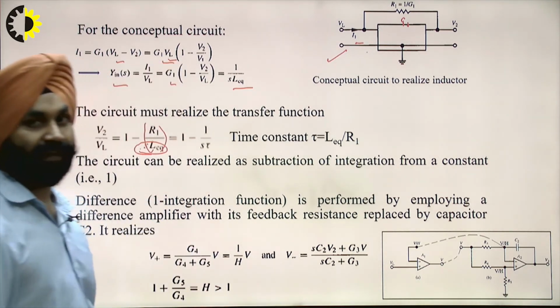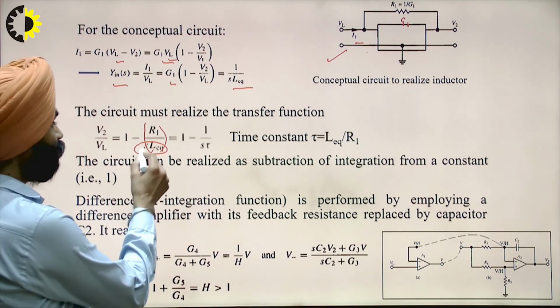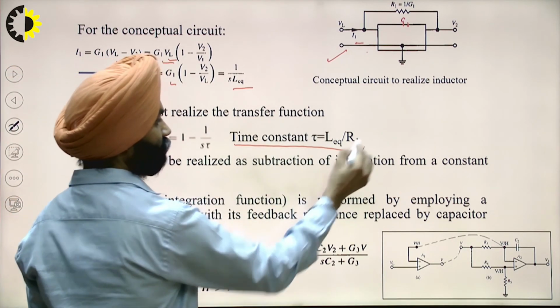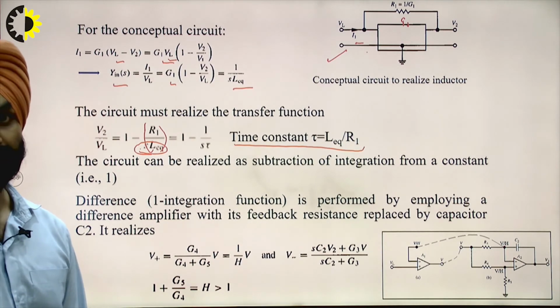The value of 1 by S L equivalent can be taken as a time constant, which is L by R in general terms.